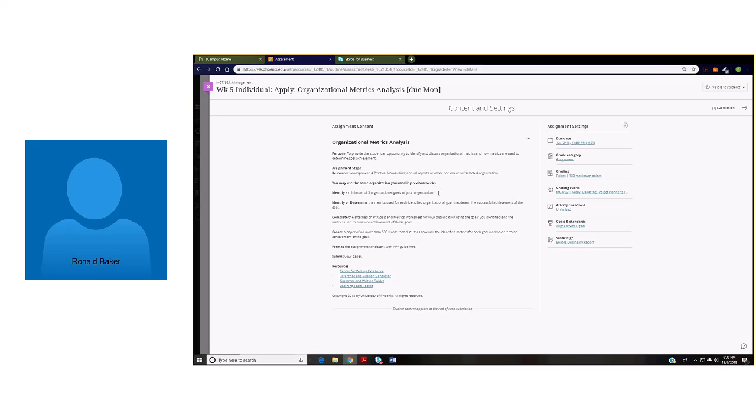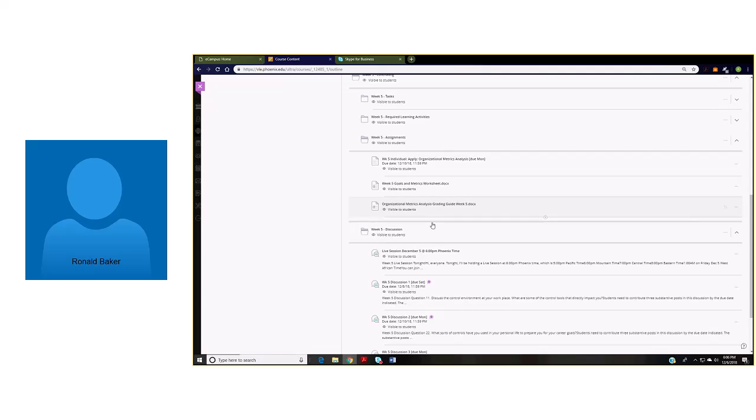Along with the organizational metrics analysis worksheet, goals and metrics worksheet, excuse me, I've also given you a grading guide that I will use. I'll use this exact grading guide and I'm going to go to it now. And it's attached separately.